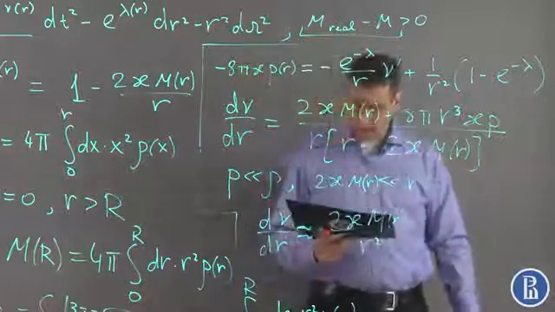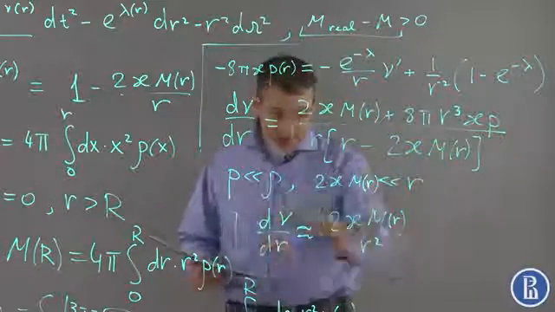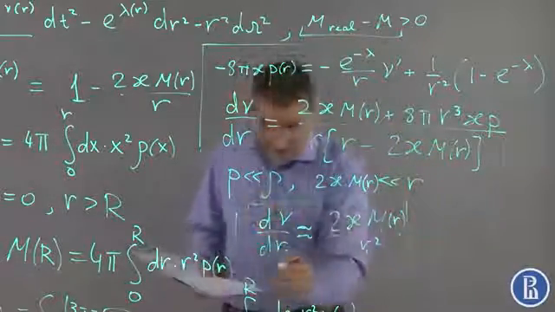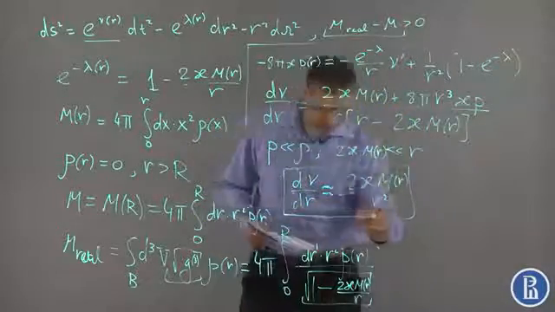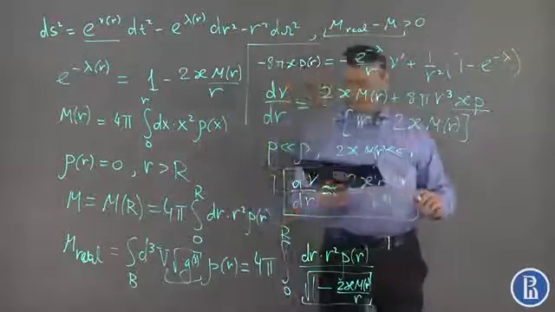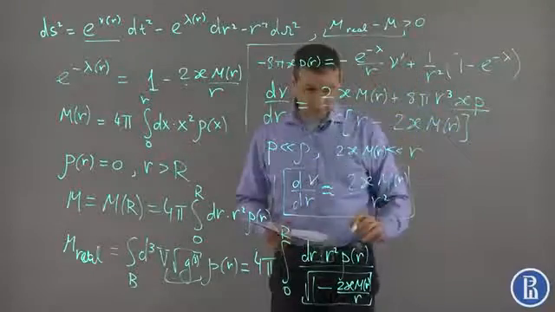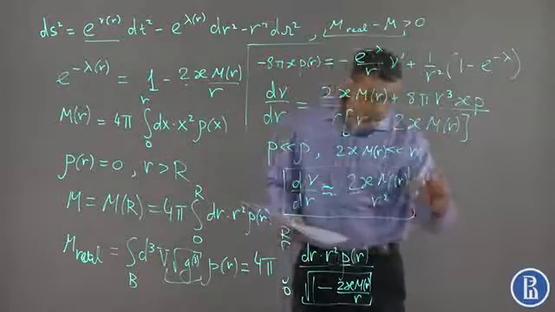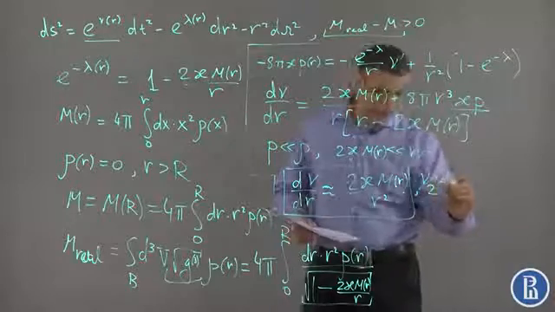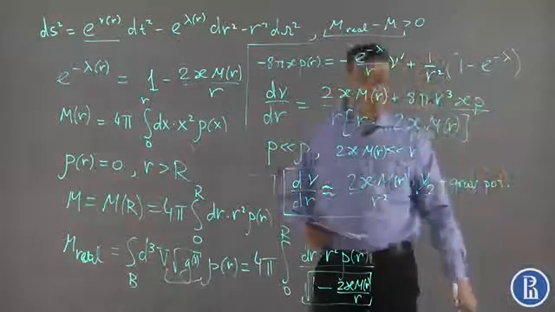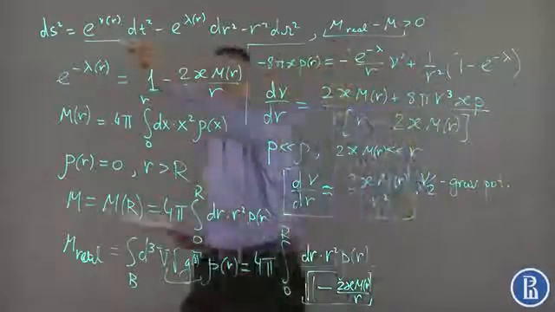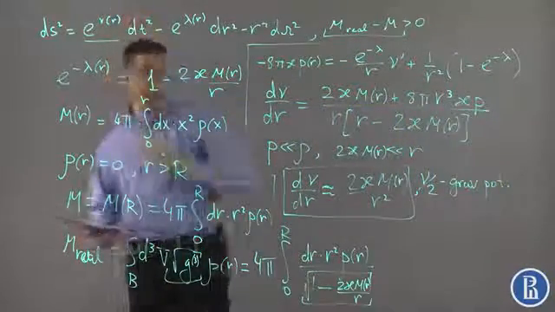And this is nothing but the non-relativistic Poisson equation, the spherically symmetric version of the Poisson equation for the gravitational potential. So ν over 2 is nothing but the gravitational potential. The physical meaning of this contribution is clear.